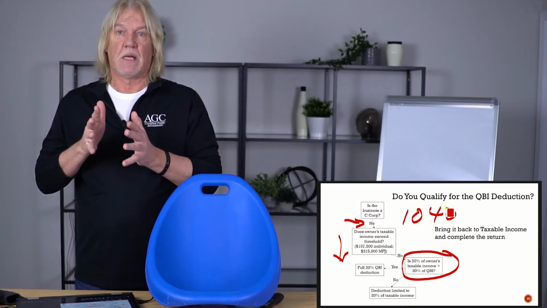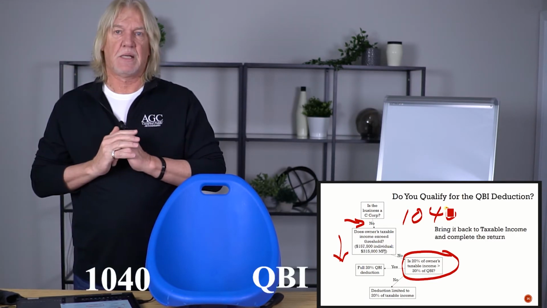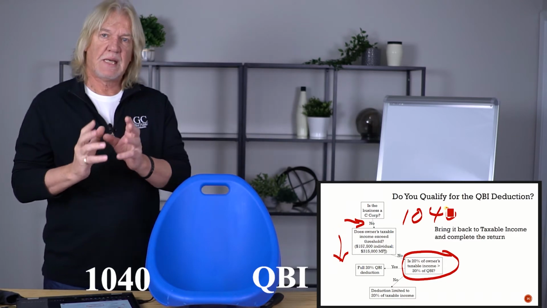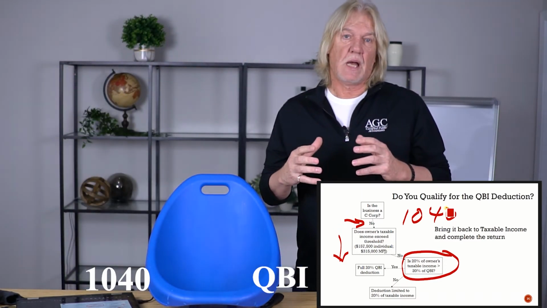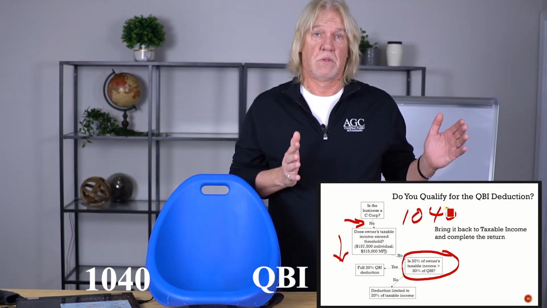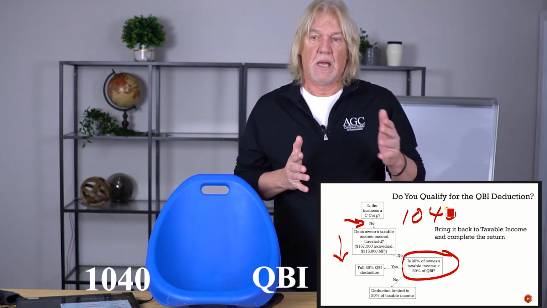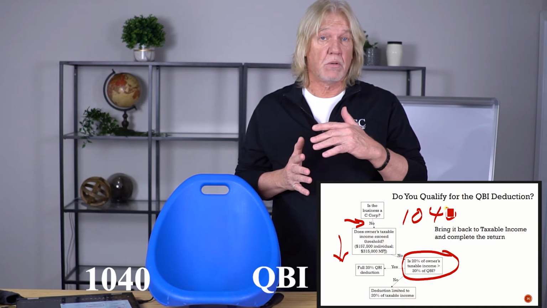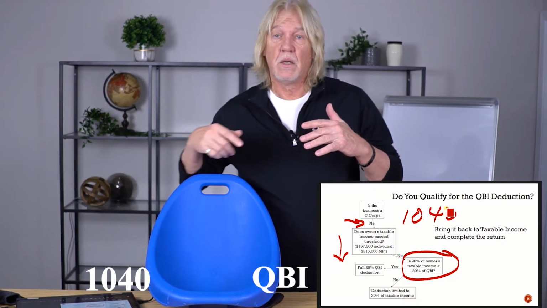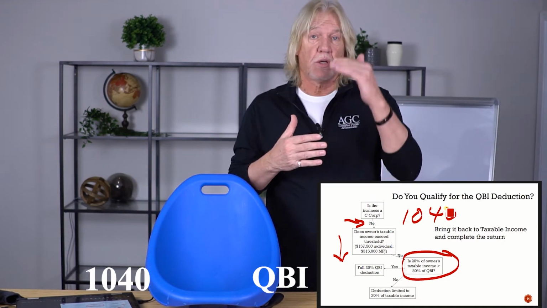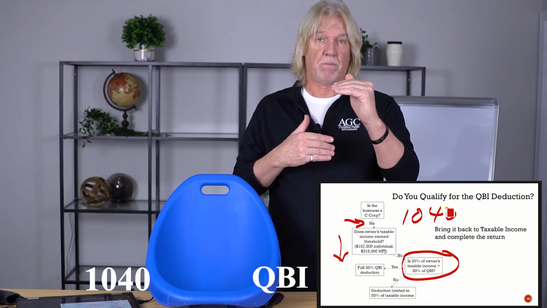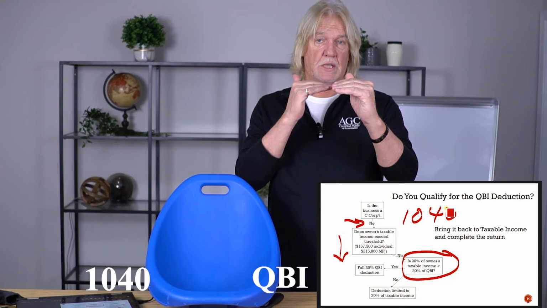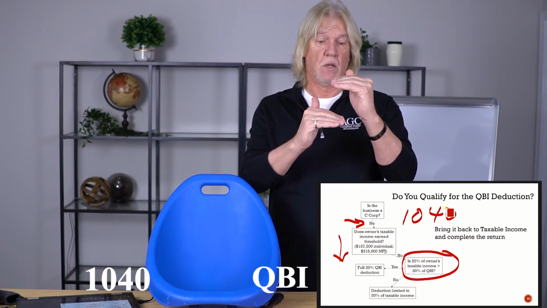So what we're going to do is, again, rule one, you get down to taxable income. We're going to take taxable income and go over here on this side of the chair to the QBI forms, the 8995. And because we're below the threshold here on our slide, we're going to say what's 20% of our taxable income, and we're going to take 20% of QBI.